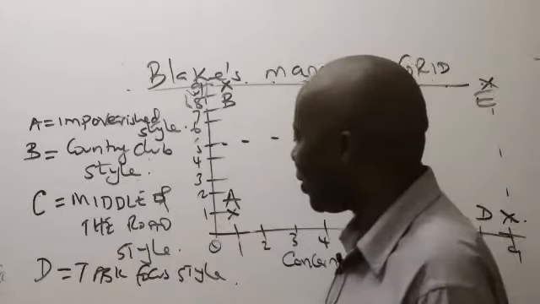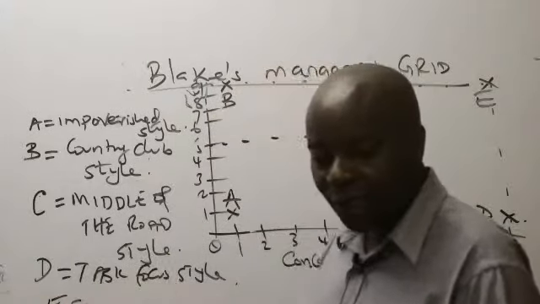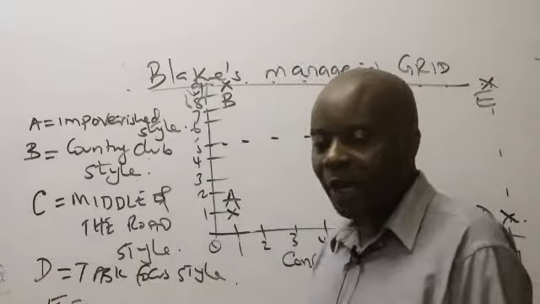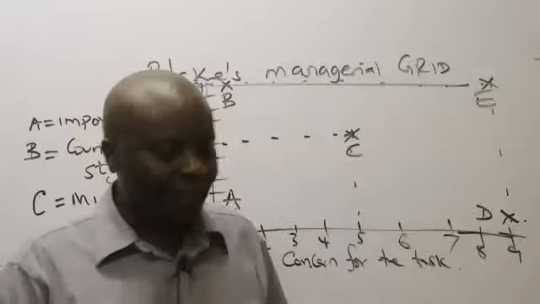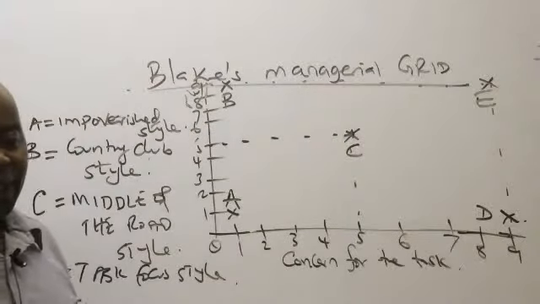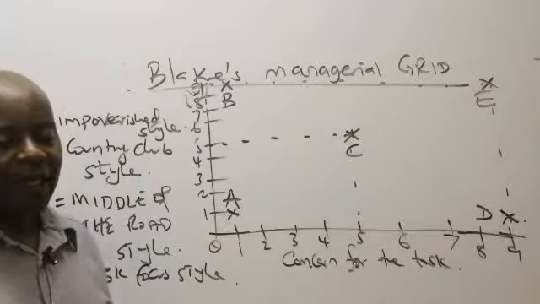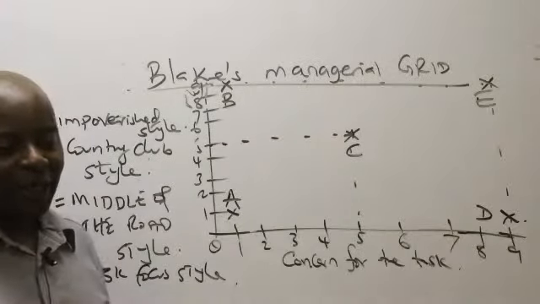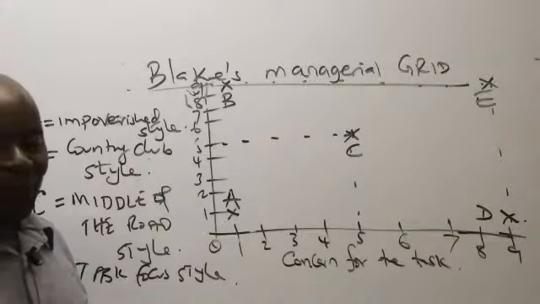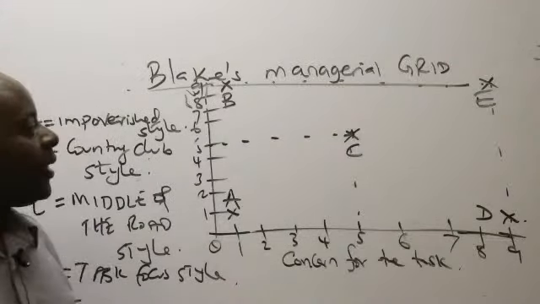The very best, ladies and gentlemen, is E. E, in this case, you are a task person, and at the end of the day, you are a people person. Is there somebody who can remember style E? Now I am happy because I can see we are 30 participants. Yes, it is team.